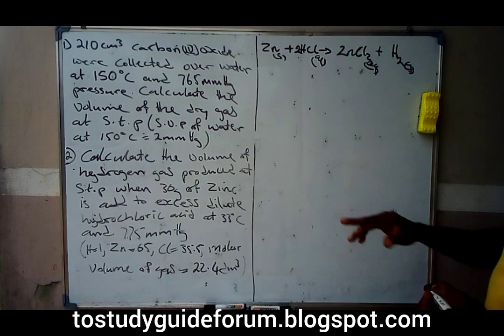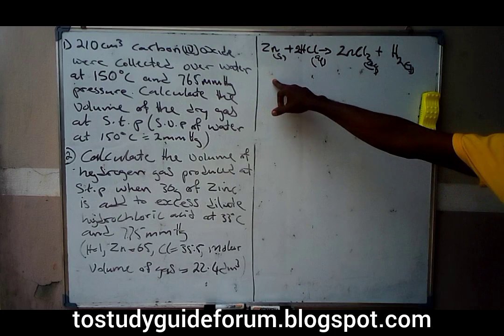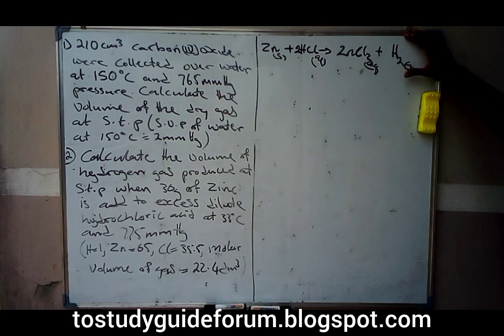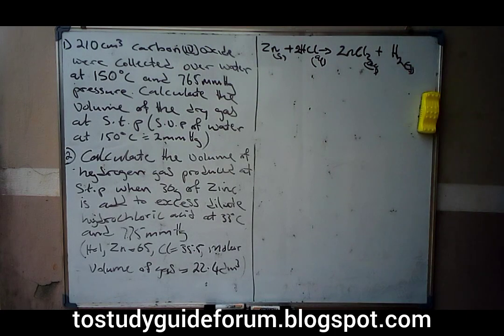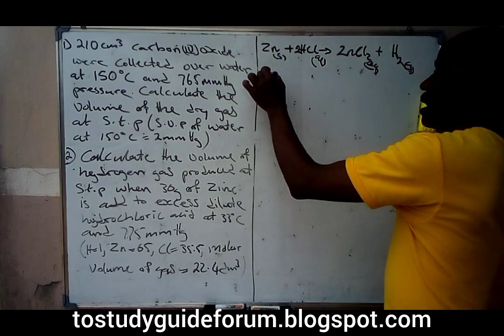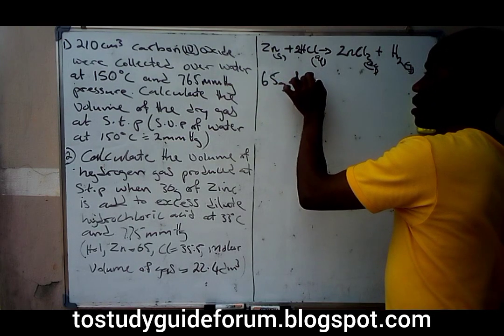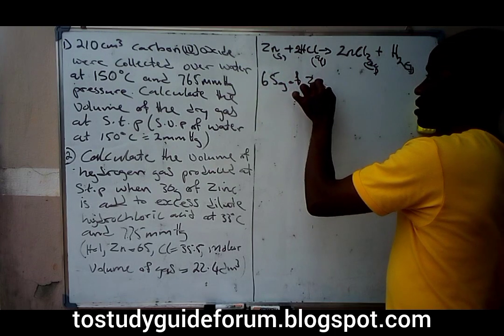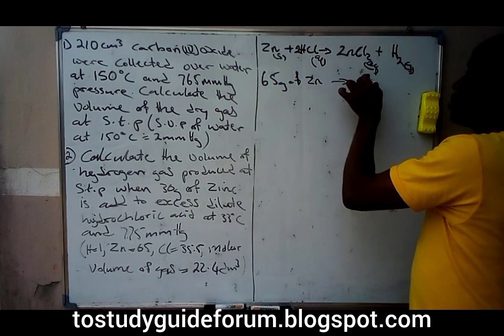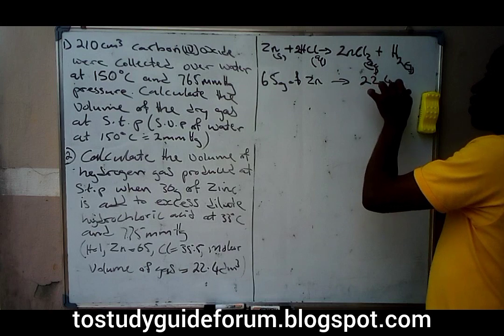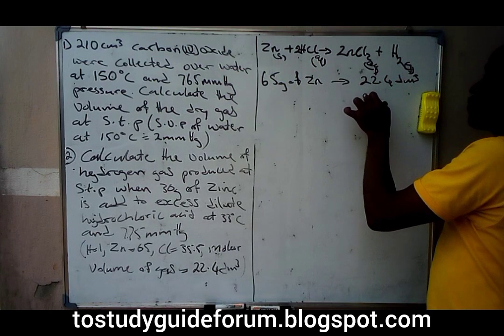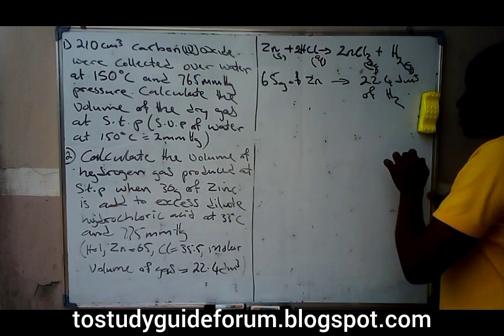From this, we find out that 1 mole of zinc will give us 1 mole of hydrogen gas, and that means 65 grams of zinc will give us 22.4 dm³ of hydrogen gas.